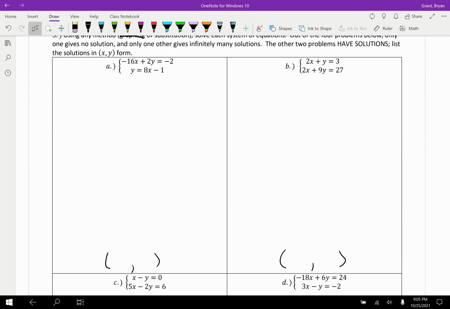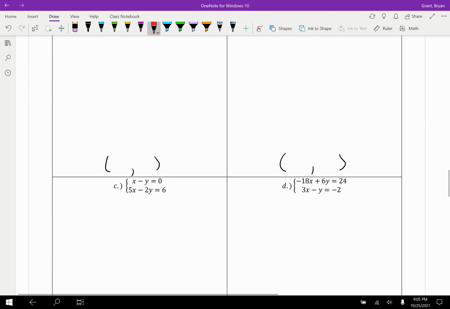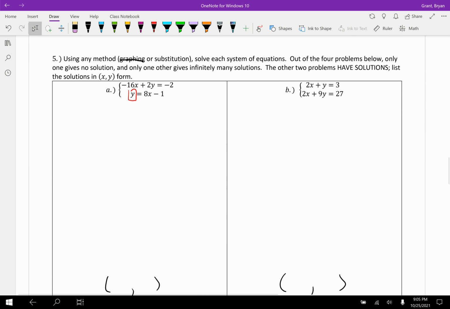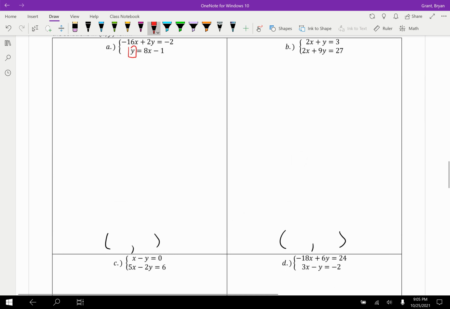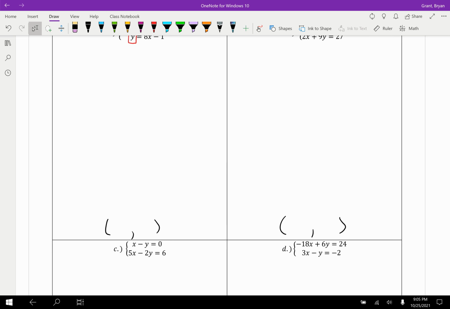As a reminder, as you go through to solve, you're really trying to make sure for your first step that there is a variable by itself. On A, you certainly have a variable by itself. But on B, C, and D, no variables are alone. So your first step on B, C, and D is you will need to isolate a variable, then substitute.